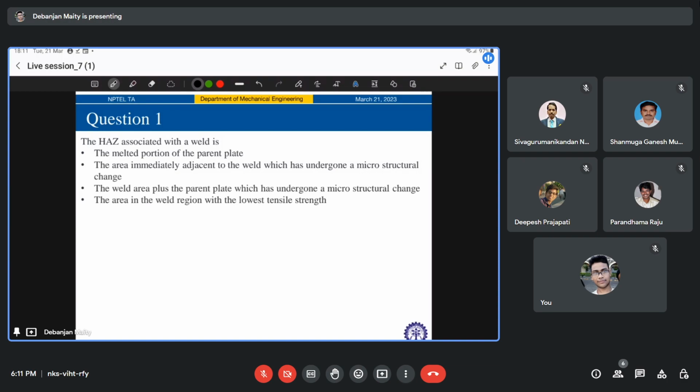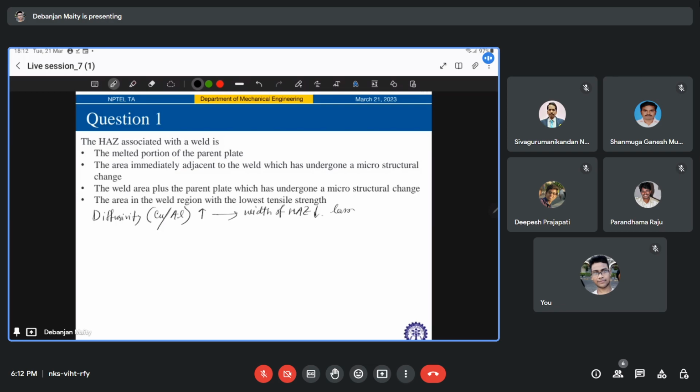So if we talk about diffusivity, let's say copper or aluminum, if it is very high, what will happen to the width of the heat affected zone? The width of the heat affected zone will reduce compared to less diffusive materials like maybe stainless steel, right? So a low diffusivity leads to a slower cooling rate and a larger heat affected zone.